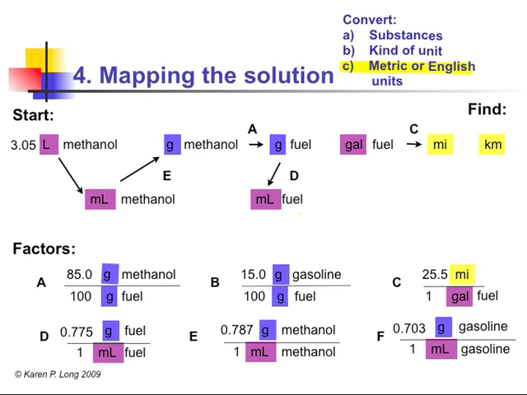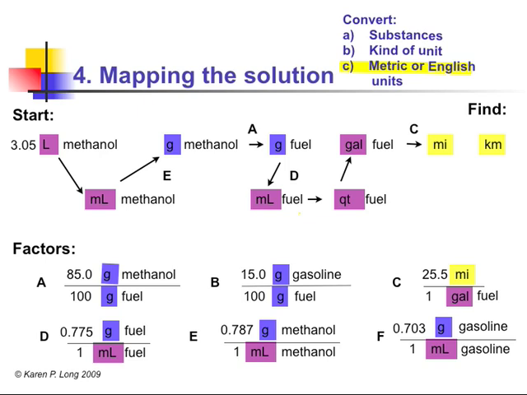It's the same substance. Going across, we now have to get between milliliters of fuel to gallons of fuel. There are a couple of ways to do that. You can either go from milliliters to quarts of fuel and then quarts to gallons, or you can go milliliters of fuel to liters of fuel and then liters to gallons.